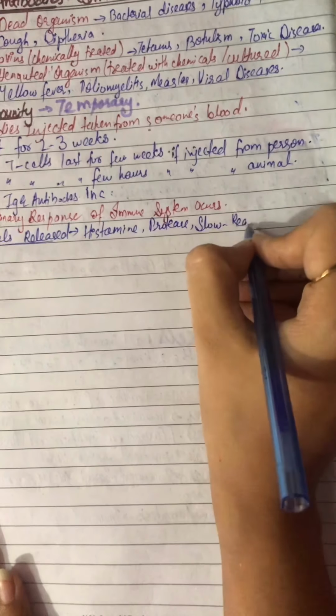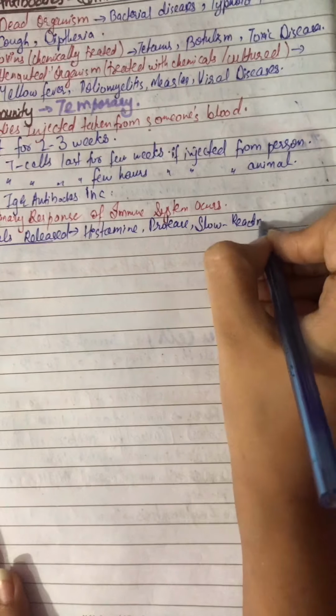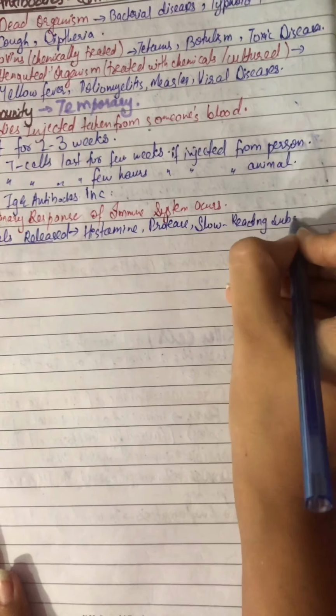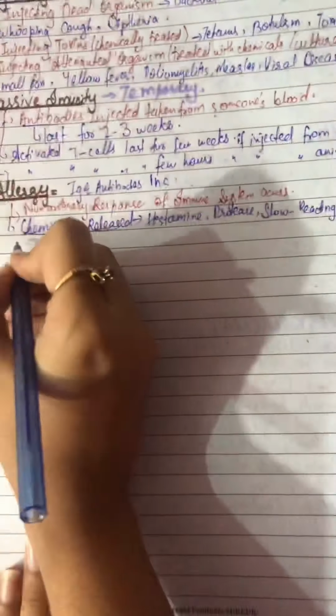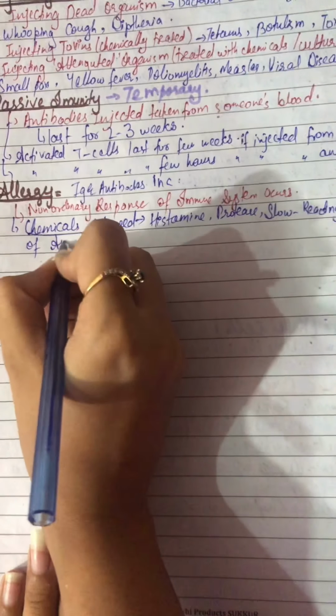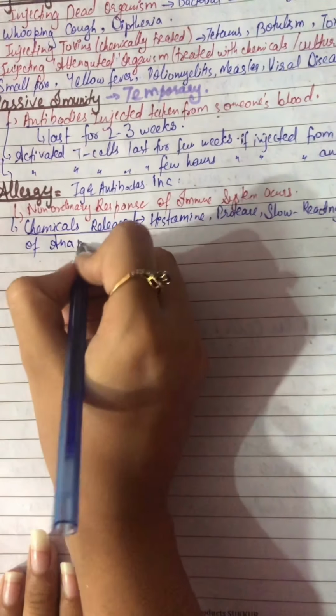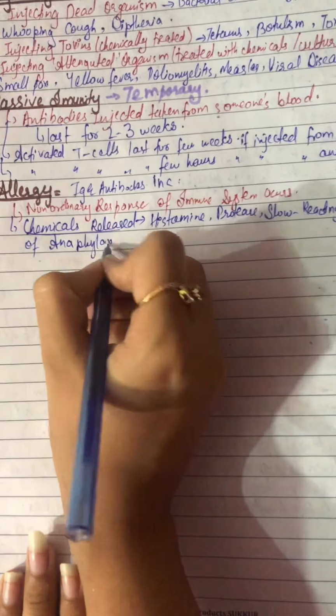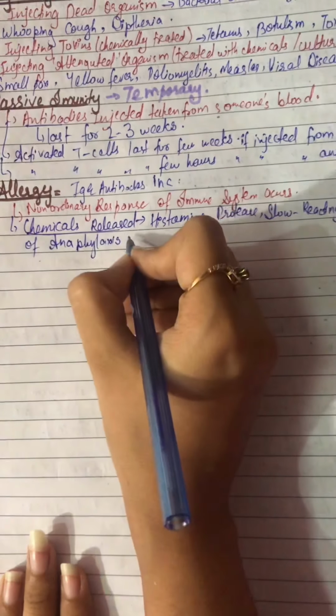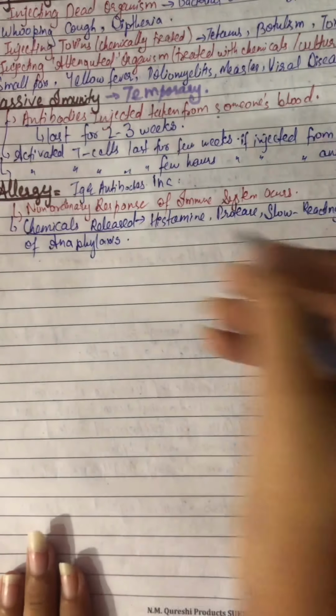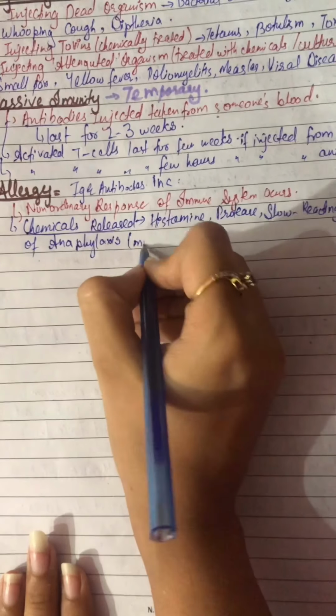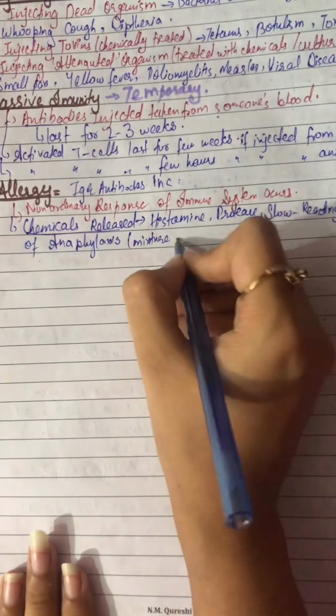The third one is slow reacting substance of anaphylaxis, which is basically a mixture of three leukotrienes.